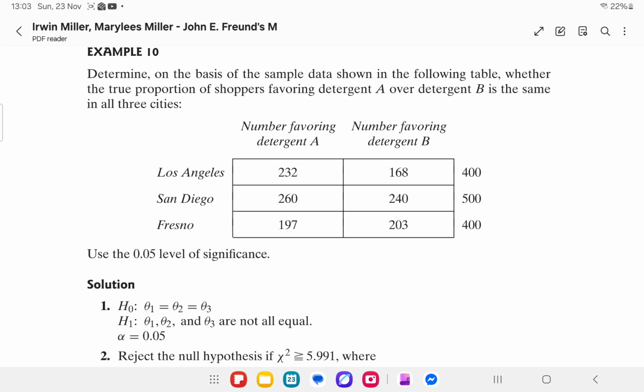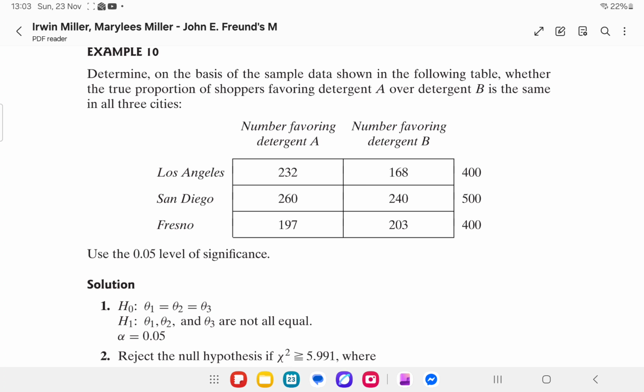It means an equal amount of people are preferring detergent A and detergent B. But the alternative says that theta 1, theta 2 and theta 3 are not equal, which says that there is a difference in preference.